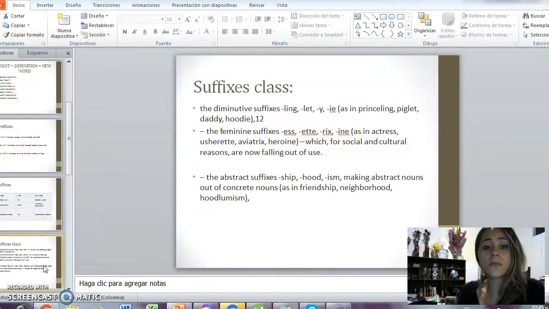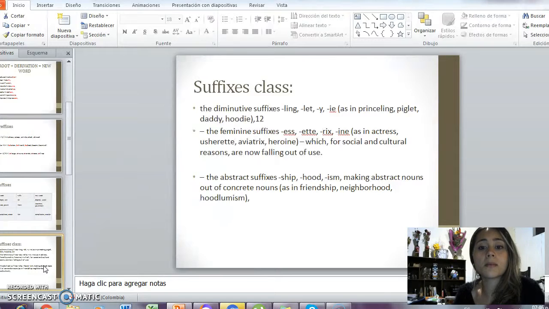And the feminine suffixes are not too common because in English we don't have feminine or masculine nouns, but there are some cases, and with the suffixes we can realize when we are talking about some kinds of feminine nouns.